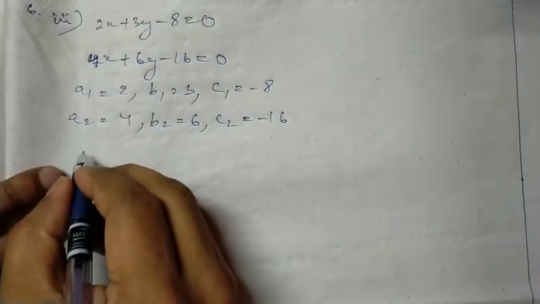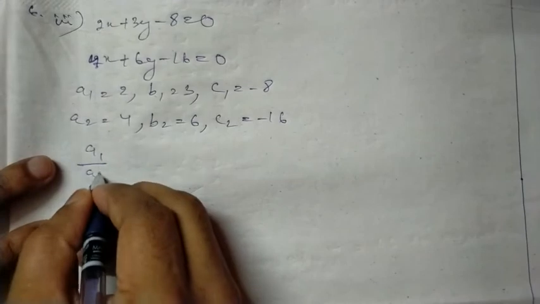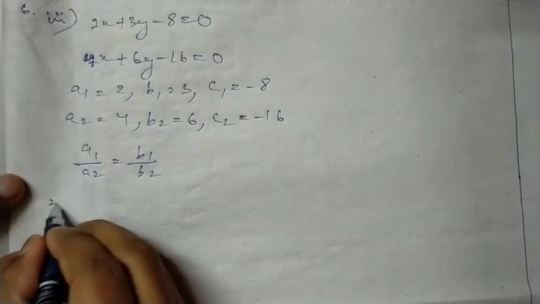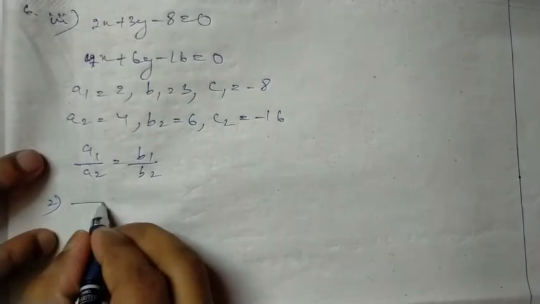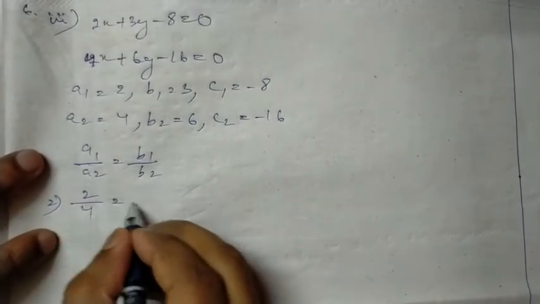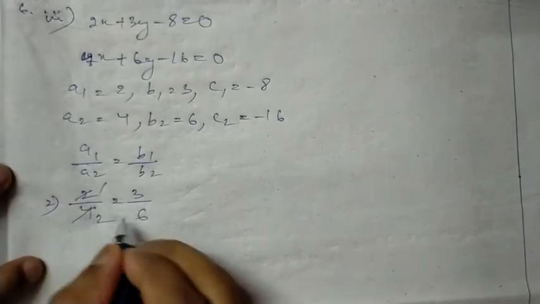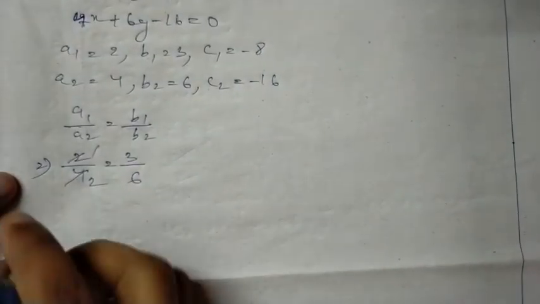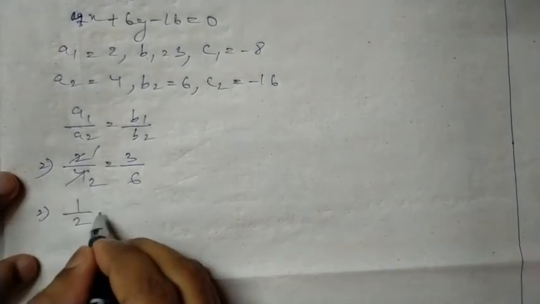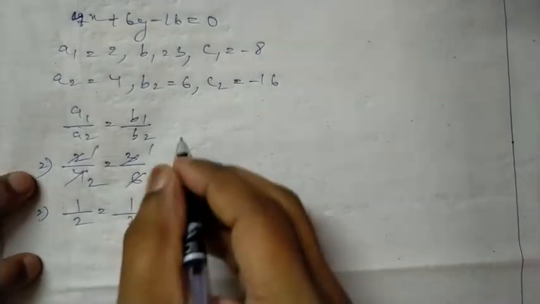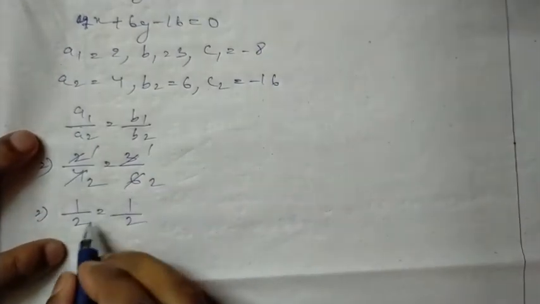Now I can write a1 by a2 equal to b1 by b2. First we compare whether the two ratios are equal: 2 by 4 equal to 3 by 6. 2 ones are 2, 2 twos are 4, so 1 by 2 equal to 3 ones are 3, 3 twos are 6, so 1 by 2. The two ratios are equal.